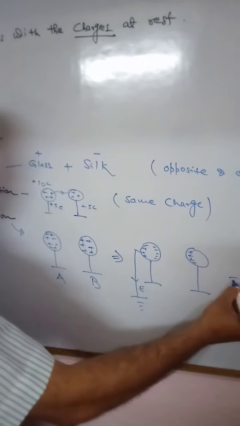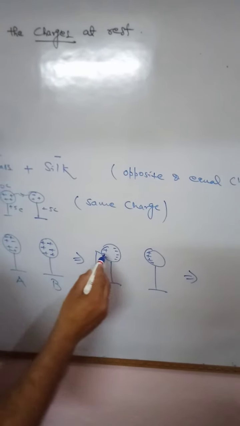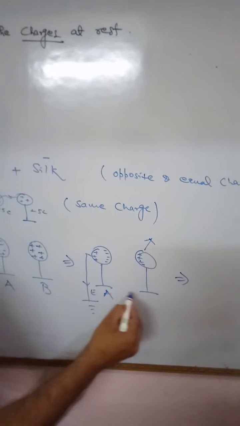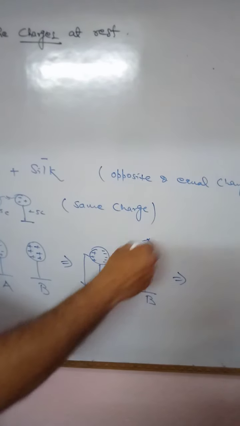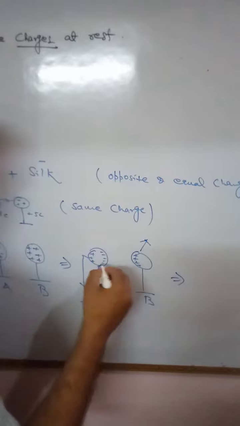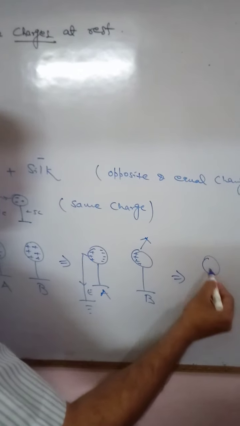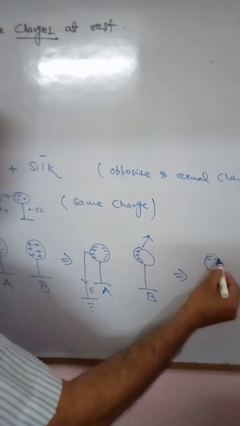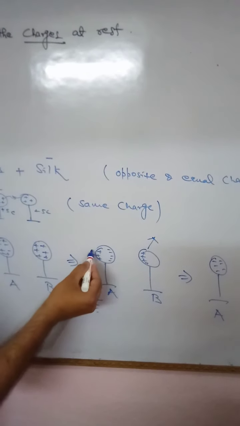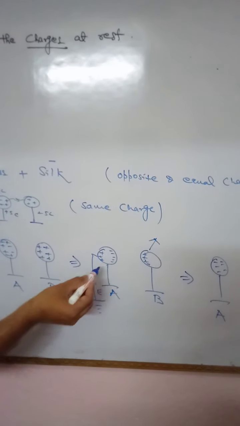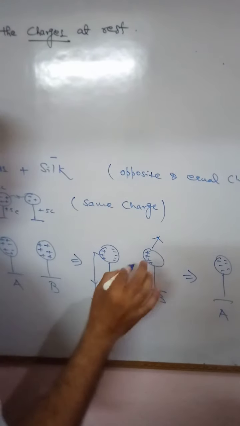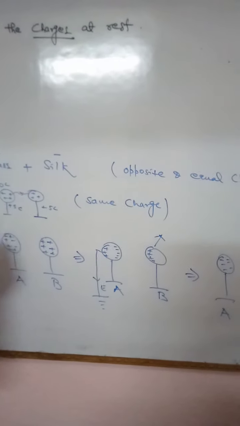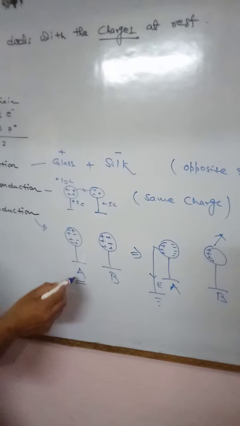So after some time, this body is removed. Let this body be A and this body be B. Now B is removed, and A is kept over here. This A is only with the negative charge. Why negative only? Because the plus was transferred to the earth. So now we have a negative charge over here. A was initially neutral.